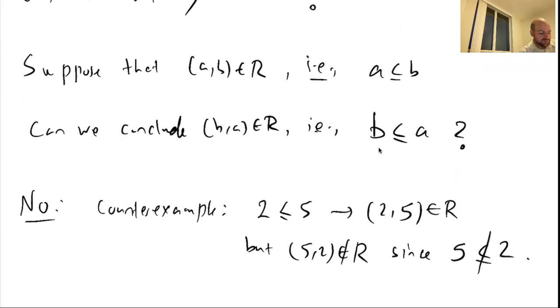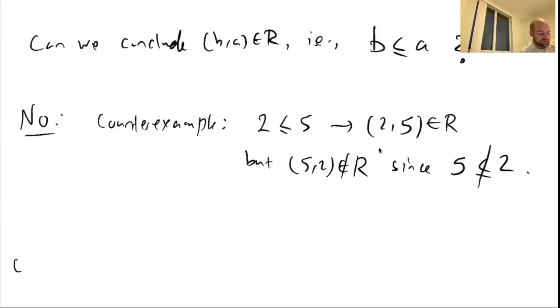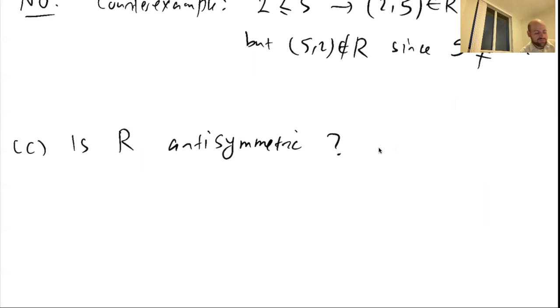So another, let's say part C, is R antisymmetric? Antisymmetric means what?